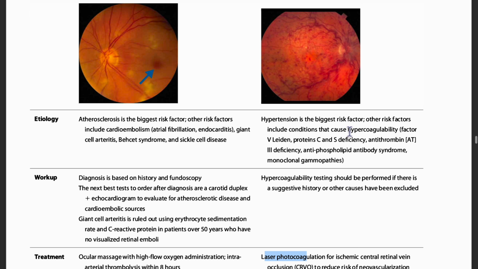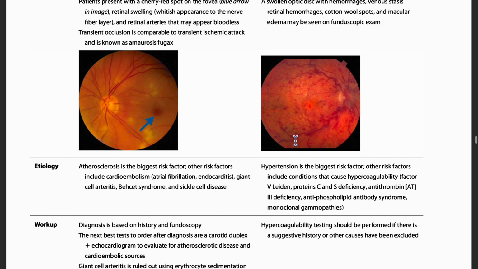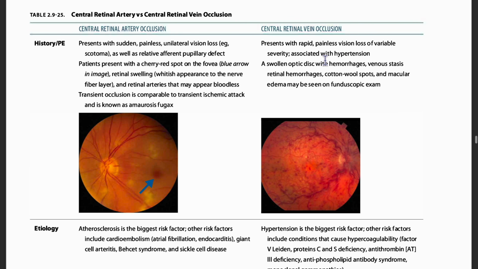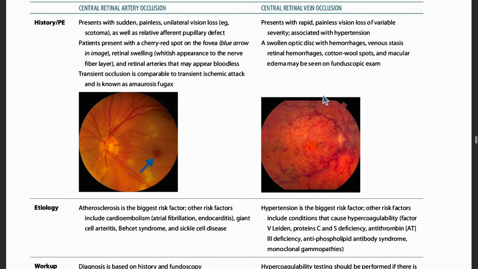Etiologies: biggest risk factors are conditions that cause hypercoagulability like factor V Leiden, protein C and S deficiency, antithrombin deficiency, antiphospholipid antibody syndrome. We'll get painless vision loss, swollen optic disc with hemorrhages, cotton wool spots, and macular edema.